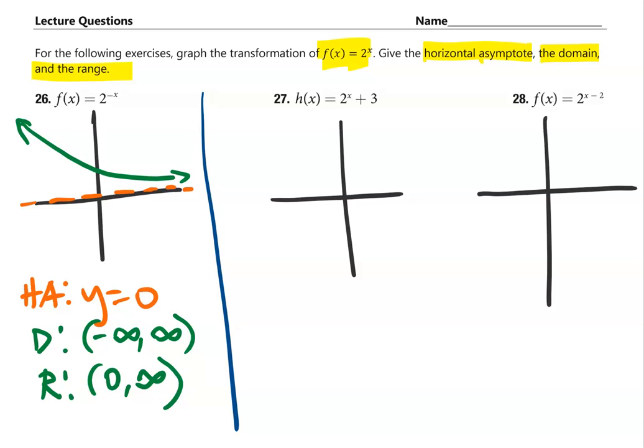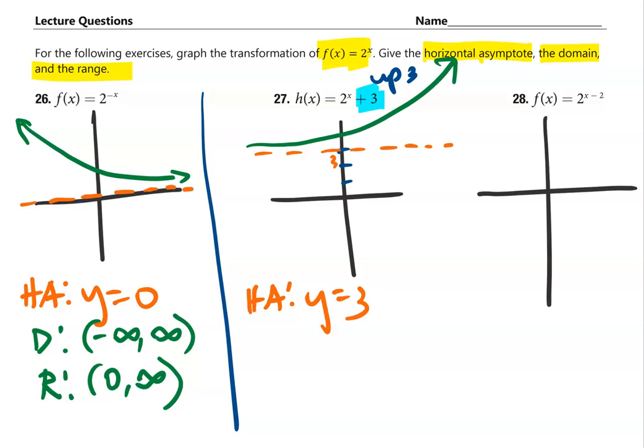Next is 2 raised to x plus 3. We did this. So the plus 3 means up 3, meaning your horizontal asymptote is at 3. So horizontal asymptote y is equal to 3. And for 2 raised to x plus 3, the graph is something like this.